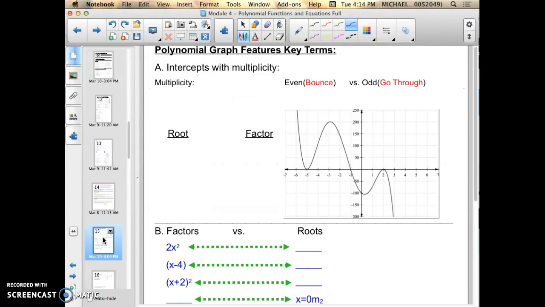So some key terms, or looking more in depth at some of these key terms before we show an example. Multiplicity, what that means is how many times that specific solution exists.